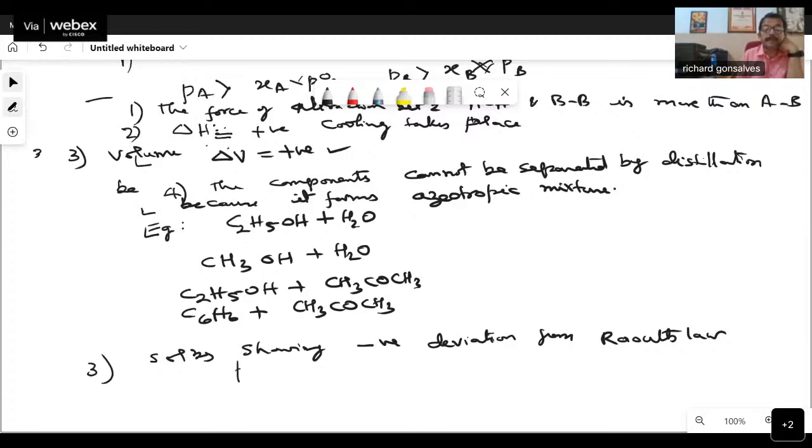If PA is less than XA into P naught A. Similarly, PB is less than XB into P naught B. If PA is less than this and PB is less than this, then it is called negative deviation. What are the characteristics? We will write one by one.